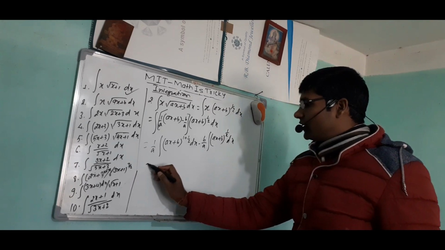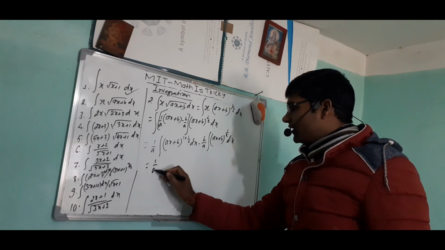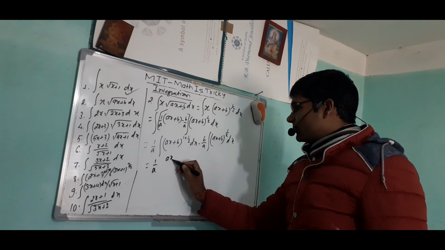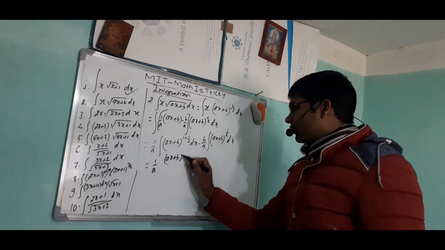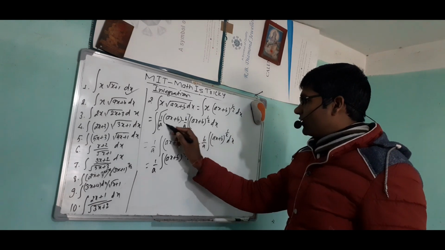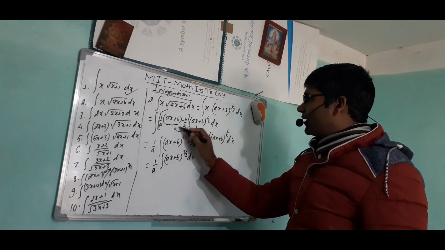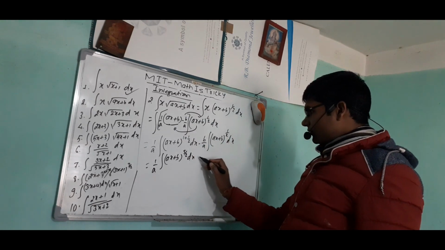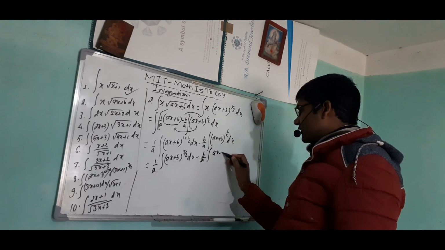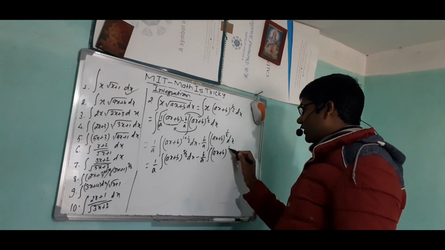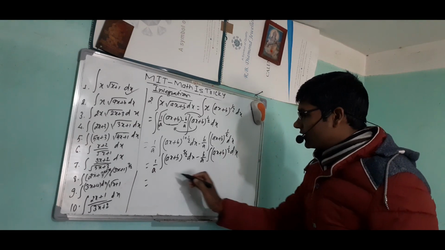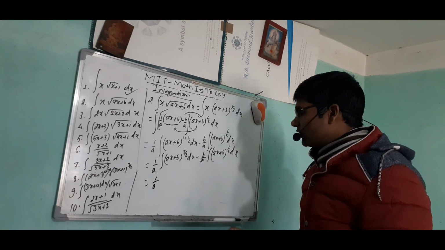Let's integrate this. So it is 1 by a, and this is going to be 3 by 2 ax plus b whole power 3 by 2 dx. What I have done is just multiplied these two and then these two. Minus b by a, integral of ax plus b whole power 1 by 2 dx. Now just use the formula for this. So 1 by a is there outside.